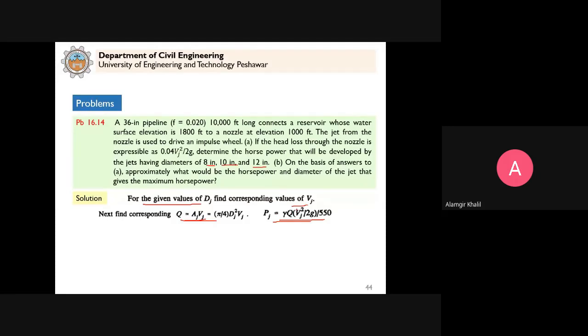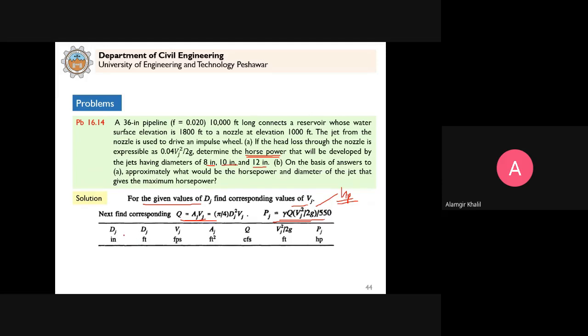So this will be gamma q into vj square by 2g divided by 550. This will be in horsepower, because it is given in horsepower how much is the power. So now we take first 8-inch.